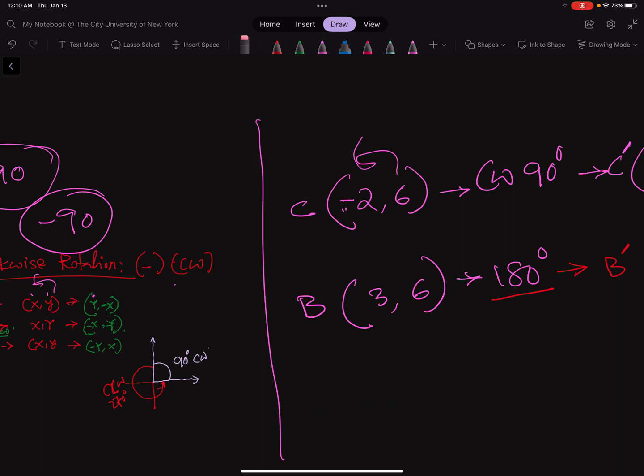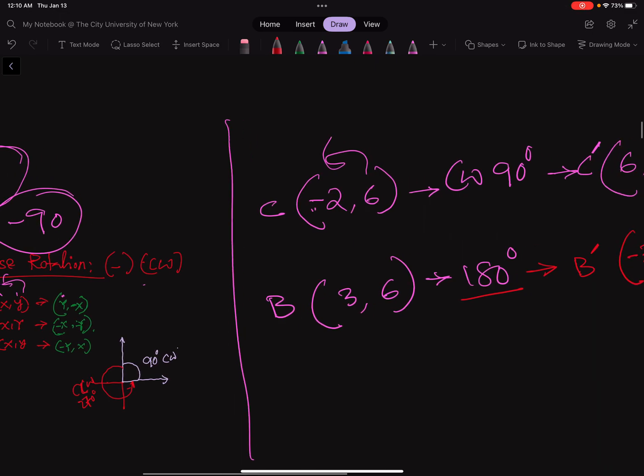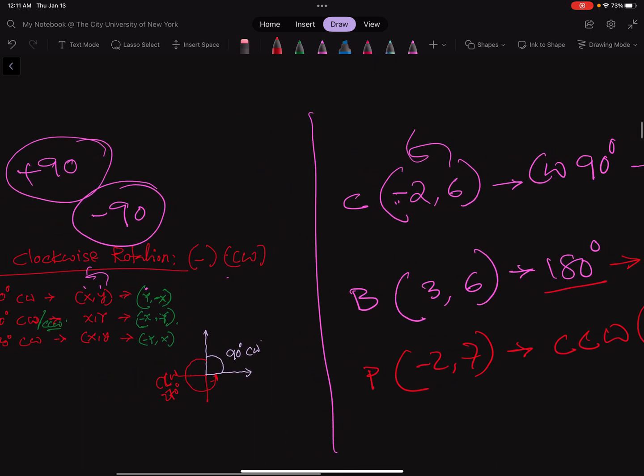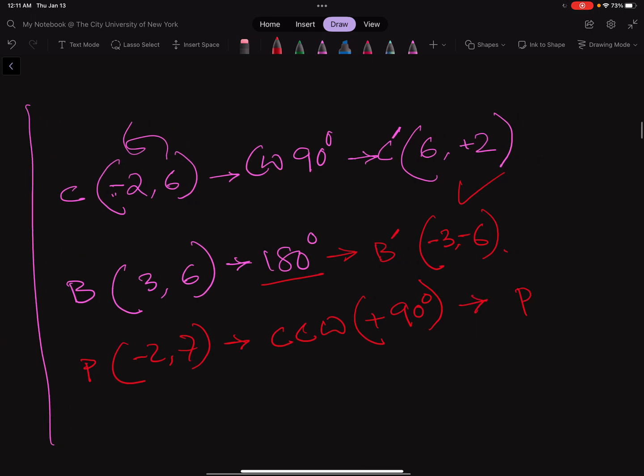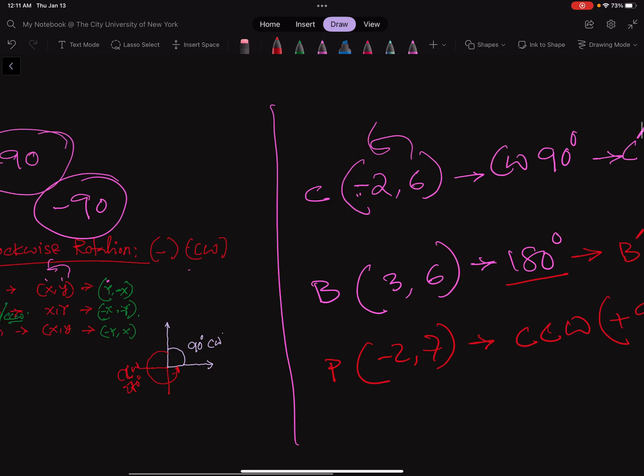And then what is left? 270 degrees. It's always good to know, but let me show you. Let's say P is a point (-2, 7). Counterclockwise is positive, clockwise is negative, so that's a positive 90 degree rotation. So what will happen? P prime, counterclockwise 90 degrees.